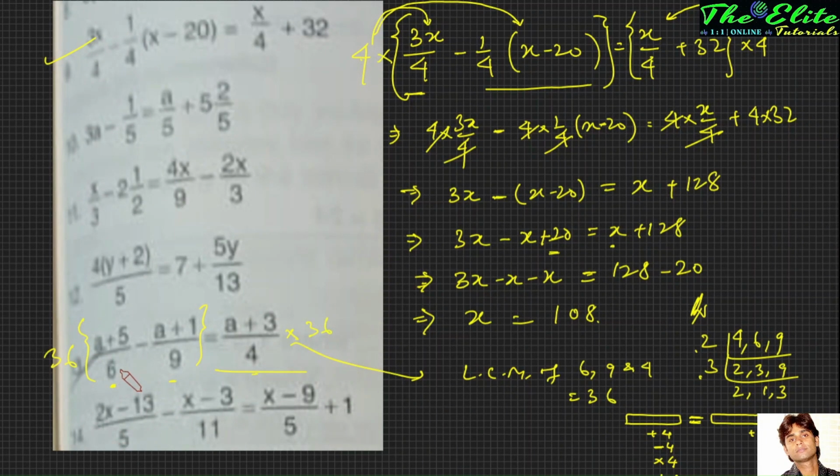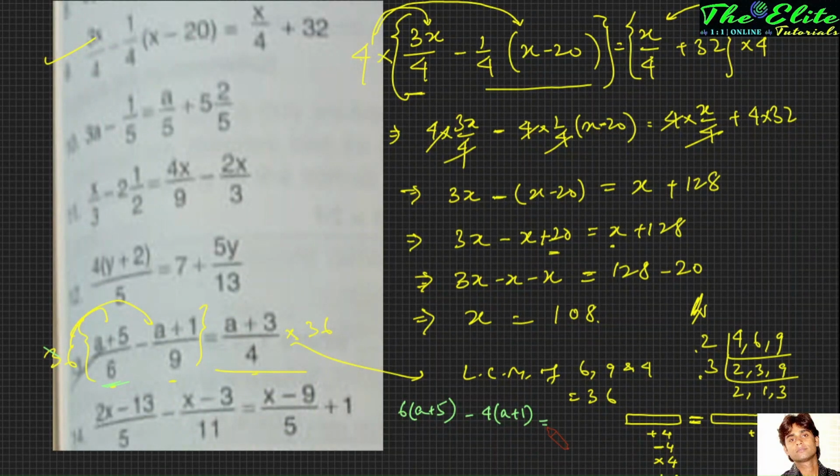What will happen? When you take the distributive property here, I'm just writing with a different pen. It is going to be 6 times a plus 5 for this term, if you multiply this by 36, and here it will be minus 4 times a plus 1. Here, on the left hand side.